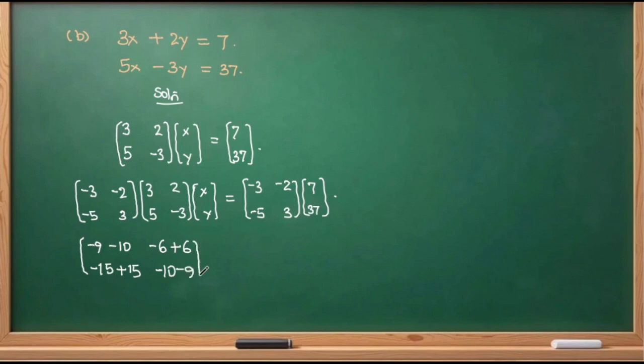So we close up this bracket and copy our x and y as the elements. So we do the same here, row by column, and add the results together. Negative 3 and 7 will make negative 21. And then negative 2 and 37 we get negative 74.